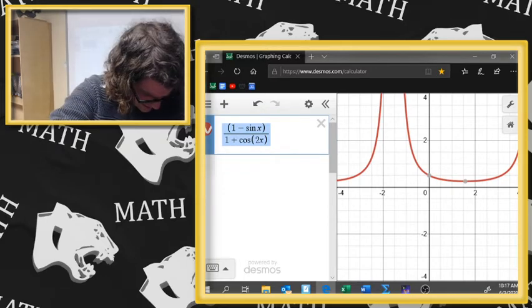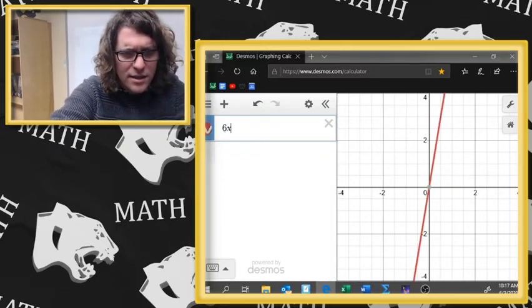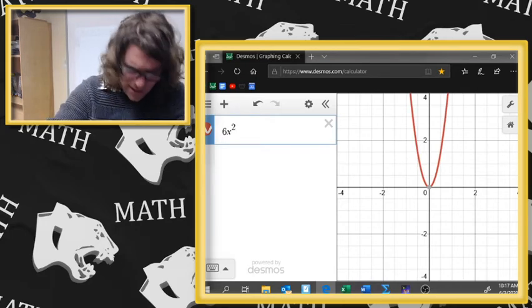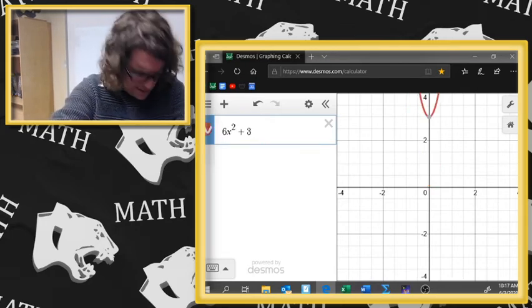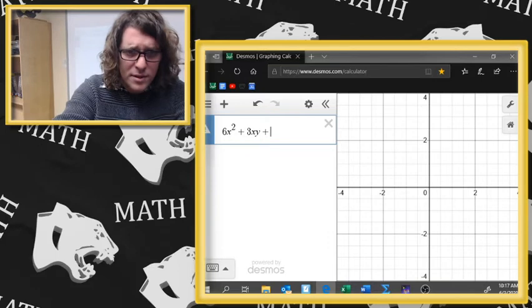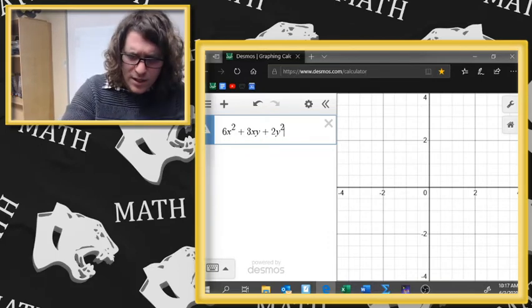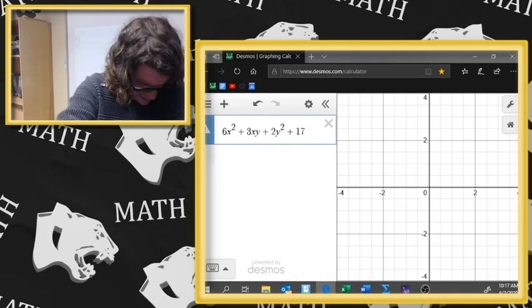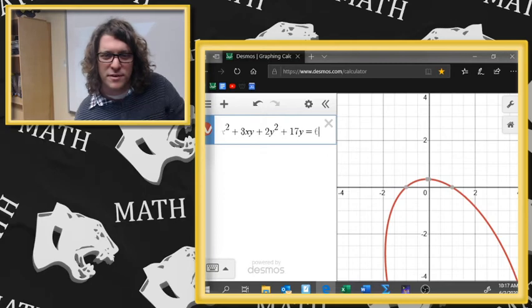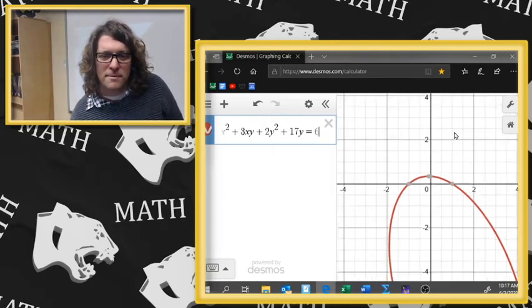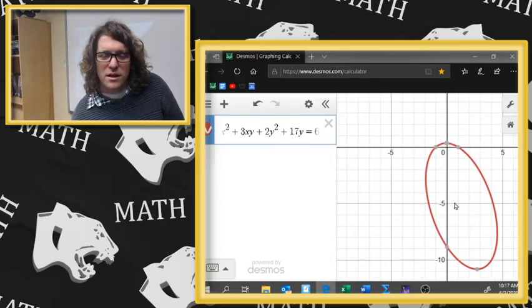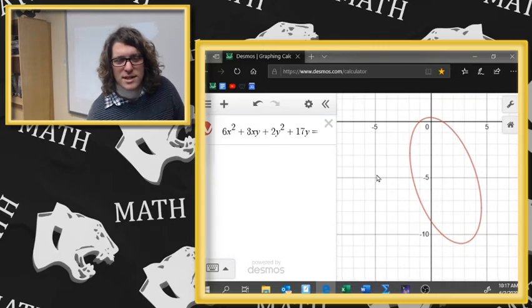So 6x squared plus 3xy plus 2y squared plus 17y is equal to 6. Now let's see what beautiful thing this gives. Ooh, it's actually just a rotated ellipse.